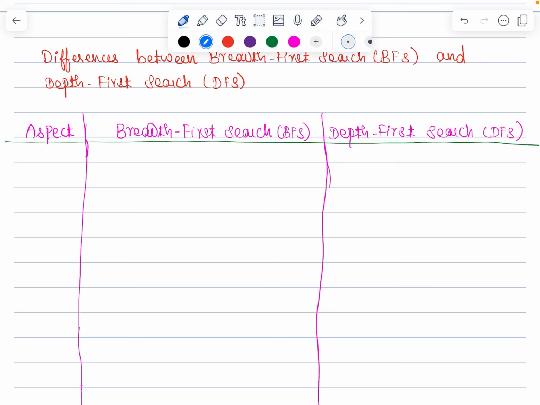In this video, I am going to discuss the differences between breadth first search and depth first search. Here, the strategy of breadth first search is that it would visit and explore all the adjacent vertices.